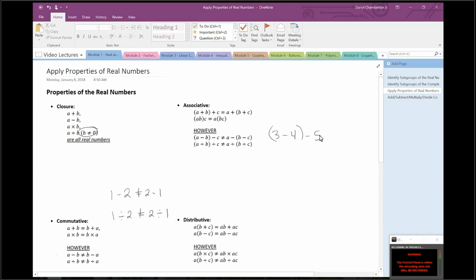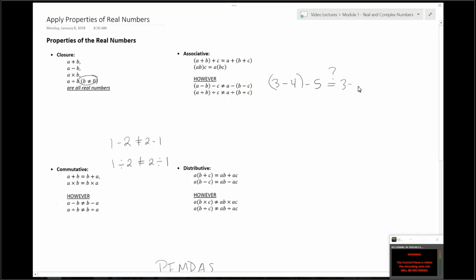If I'm trying to subtract 3, 4, and 5, we can see here that this ordering really does change the outcome. I get -6 is not equal to 4. That's very far apart. So again, because of commutativity, because the order matters with subtraction and division, it matters how I'm grouping things together, which is really all associativity is saying.